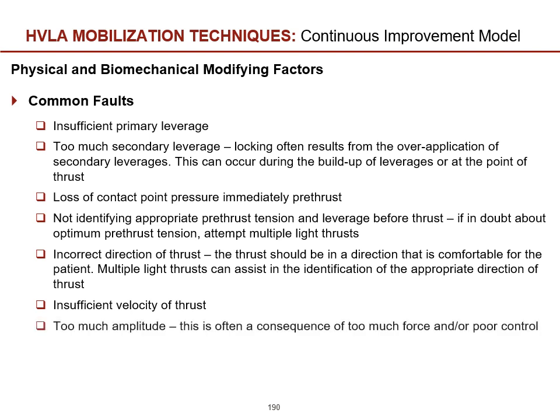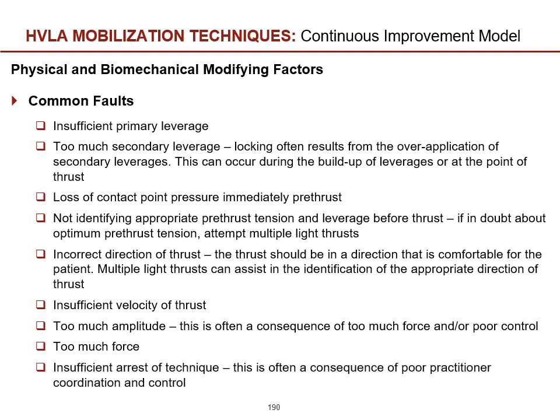You saw this previously with the cervical thoracic junction manipulation provided by Peter. Insufficient velocity of the thrust, too much amplitude. This is often a consequence of too much force and/or poor control. Too much force being applied, and insufficient arrest of the technique. This is often a consequence of poor practitioner coordination and/or control.